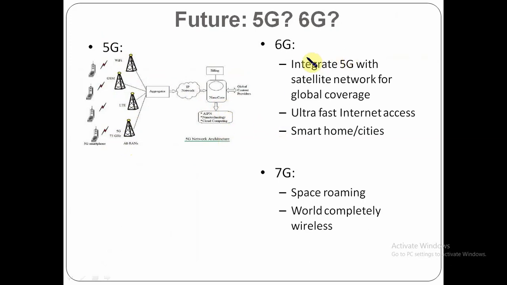In 6G, the next features up to 2030, it will integrate 5G with satellite networks, using VSAT and similar systems. With terrestrial networks we get global coverage and ultra fast internet access with smart homes and cities. And after 6G, not right away but after 10 years, we get space roaming 7G, a completely wireless world.